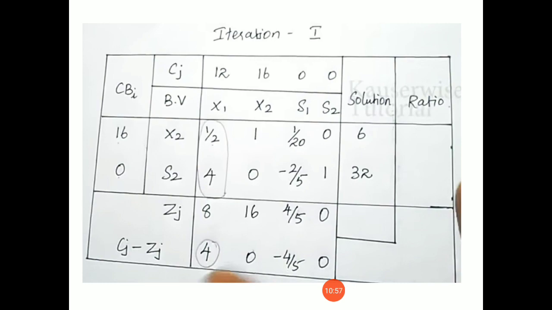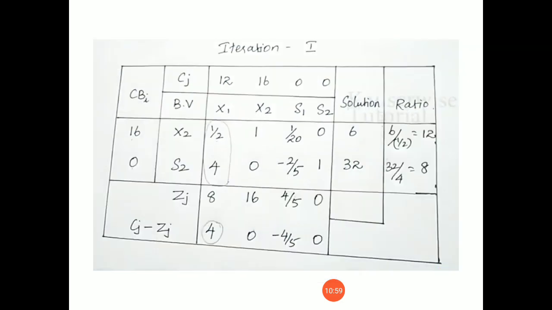The next step is we need to find the ratio. Again the same technique that we used to find the ratio: solution divided by the key column elements.